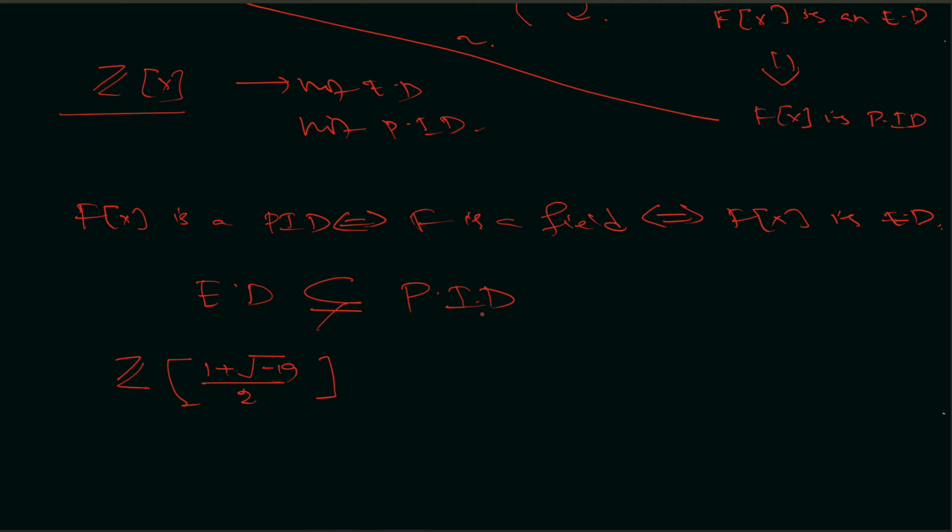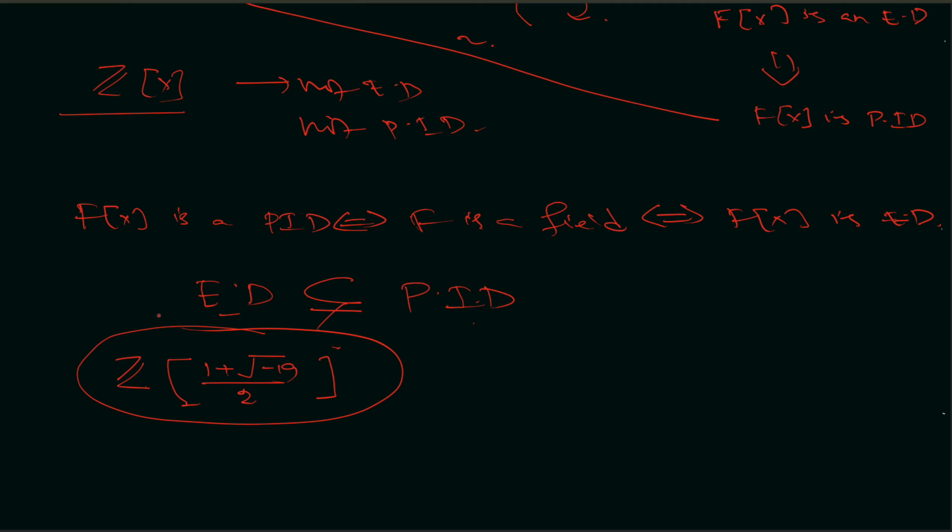This is a PID but not an ED. Okay, this is properly contained. That means ED is properly contained here. This is a PID but not a Euclidean domain. That you know. For properness you can take this as an example, right?